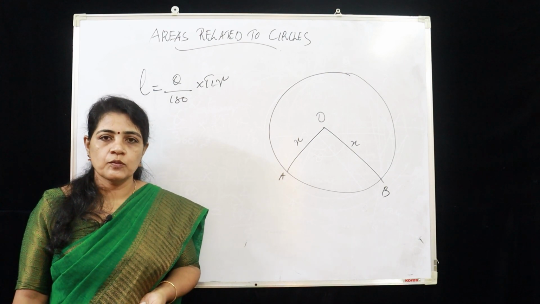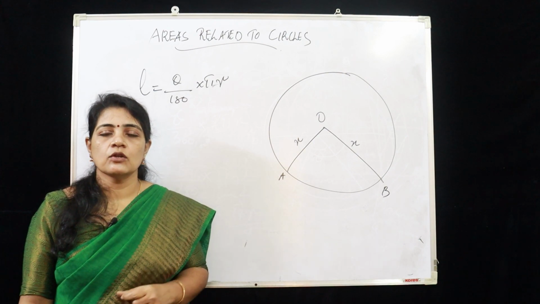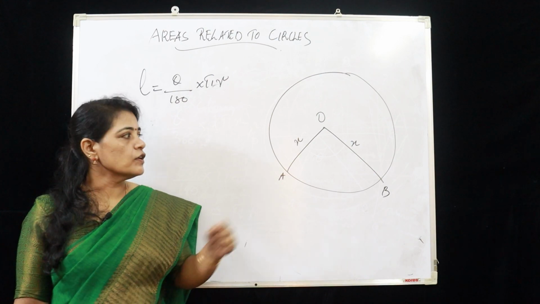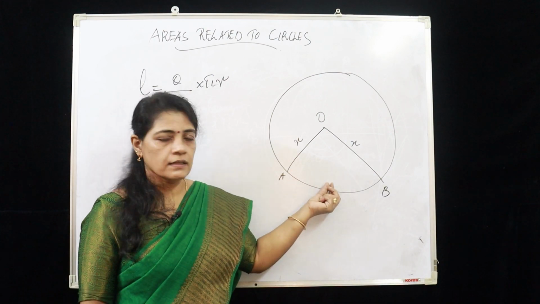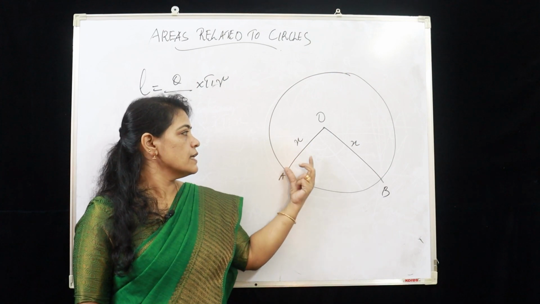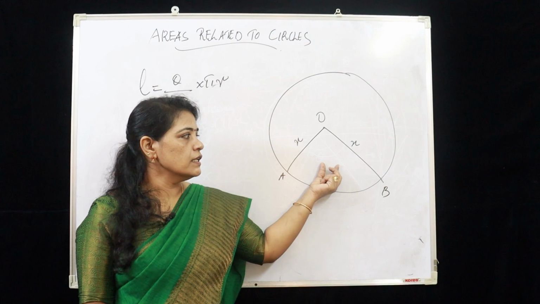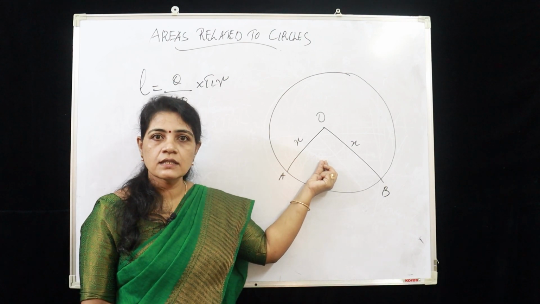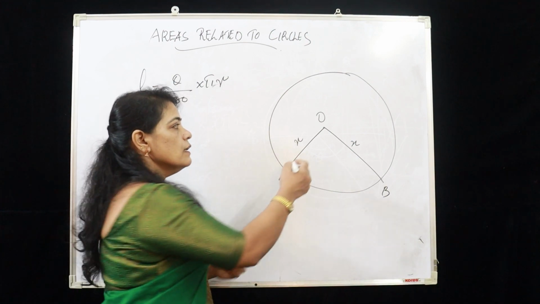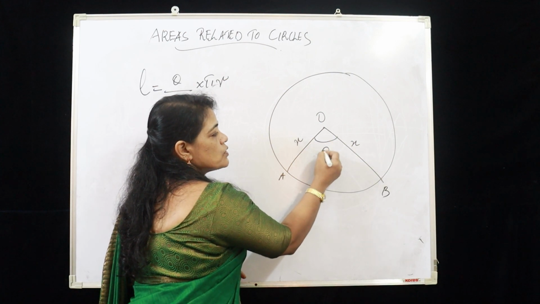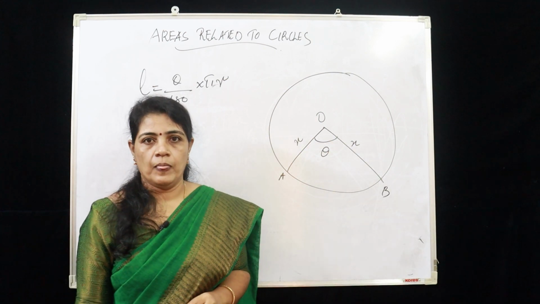Next I am going to explain the area of the sector of a circle. For that I have marked a sector with a circle with the center O and radius r. This is the region whose area is going to be calculated, and here the angle subtended by the endpoints of the arc at the center is theta.